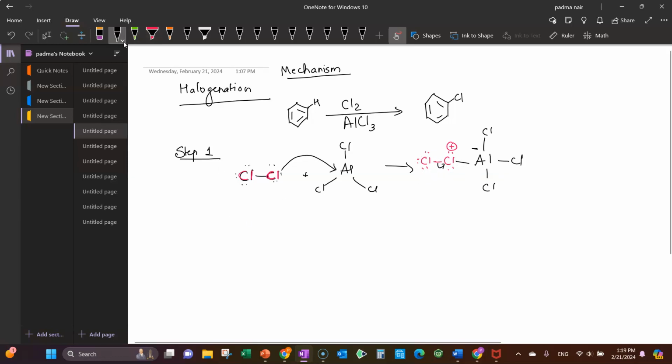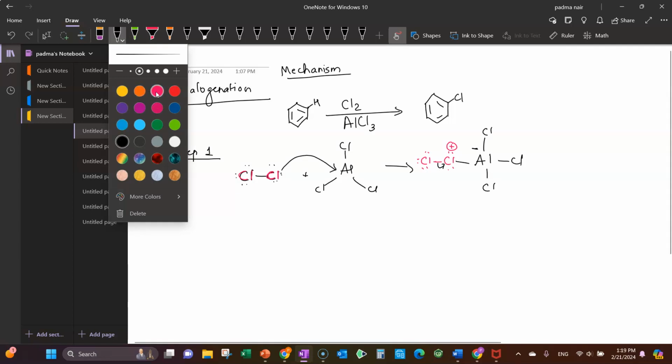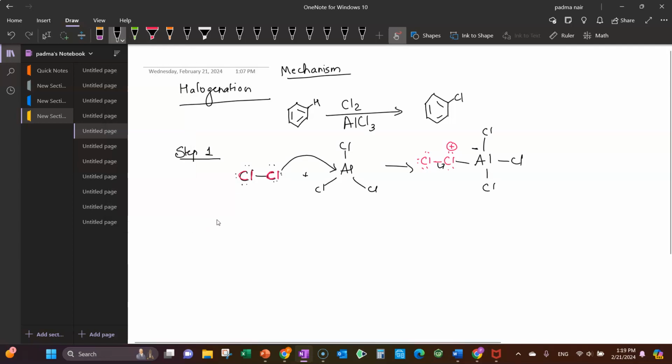Okay, so in the next step we can think of this giving off an AlCl4 minus, correct, because this whole part gets separated.